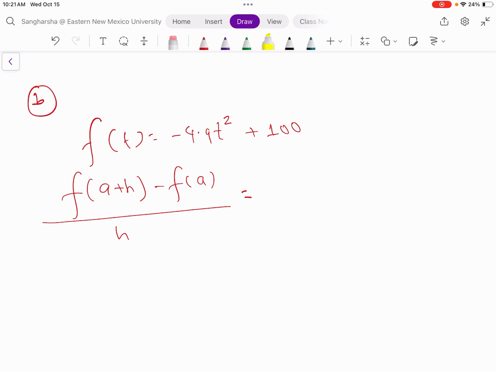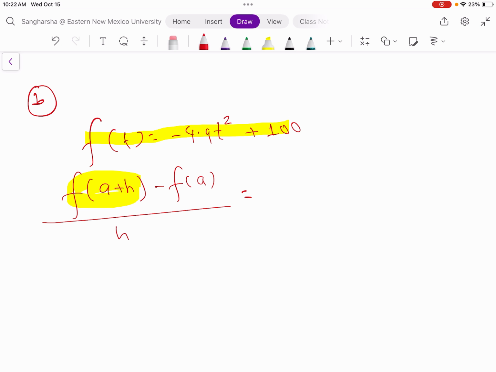So we have a function f. F of t is equal to negative 4.9 t squared plus 100. And we are asked to find this expression, which we call a difference quotient. At first, let's find f of a plus h. We know f of t is negative 4.9 t squared plus 100. How do we find f of a plus h?